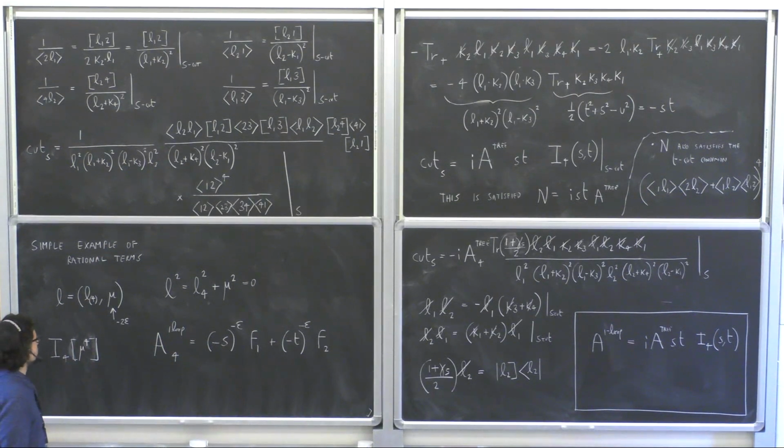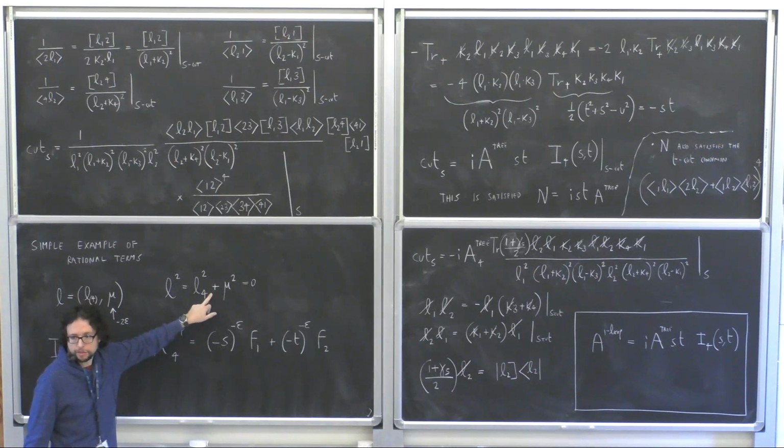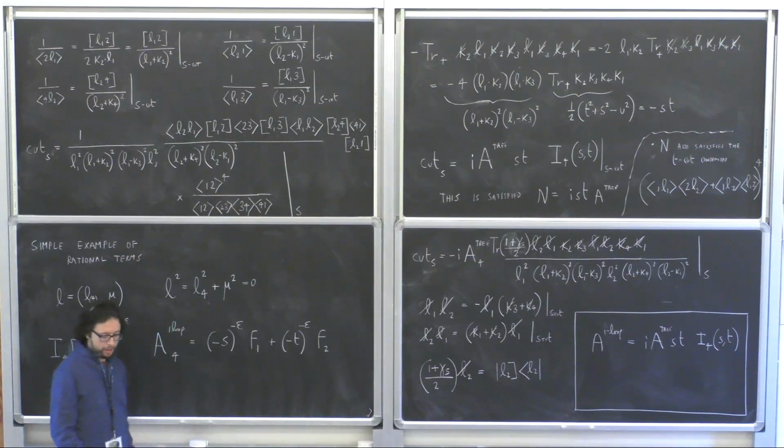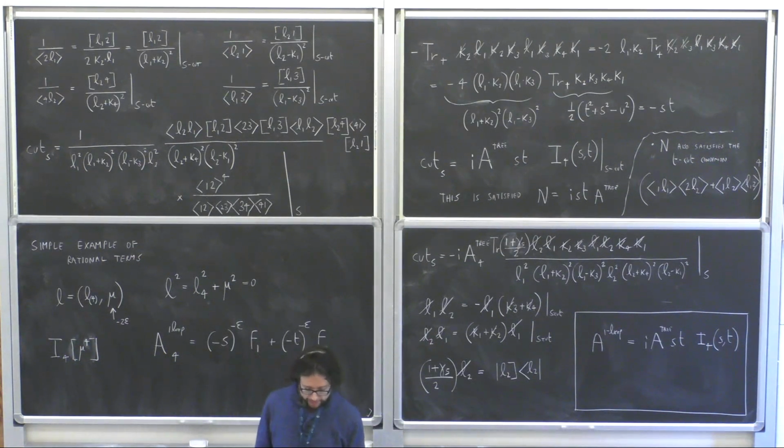They are not, strictly speaking, existing in 4 dimensions. They are not massless in 4 dimensions, but they obey this relation instead. So those rational terms can be detected, but they require you to keep track of extra powers of epsilon, where epsilon is the dimensional regularization parameter.